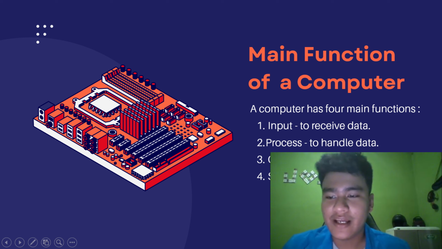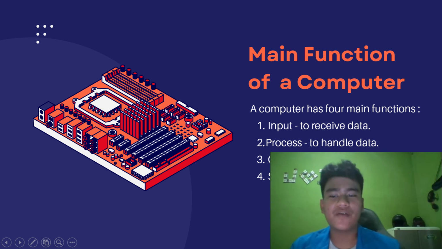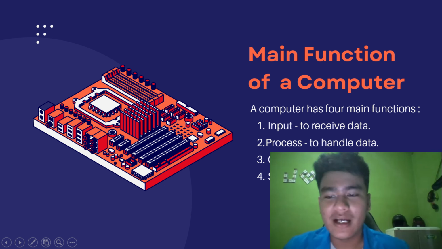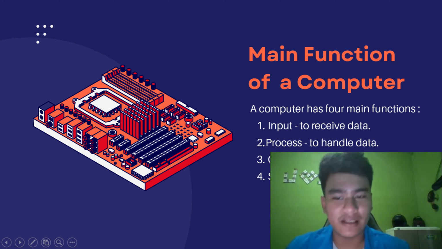And slide 3. Every computer has 4 main functions. The first one is input. This means receiving data, for example, from a keyboard or a mouse. The second is process. This is where the CPU works to handle all the data.